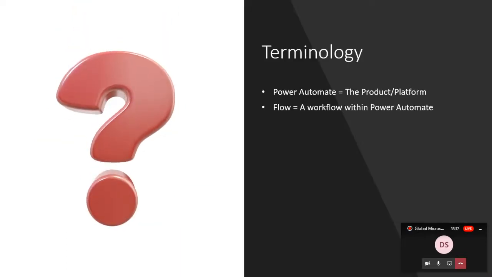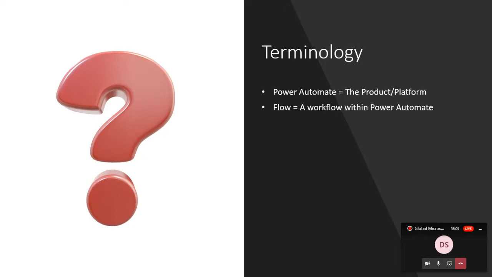Just to clarify the terminology, because if you talk to anyone in the community or go to the forums, it's going to be very mixed up. Some people are going to be talking about Flow, some people about Power Automate. The reason is the product was renamed some time ago. It's part of the so-called Power Platform, where you have Power Apps, Power BI, Power Virtual Agents, etc. It was originally called Flow.